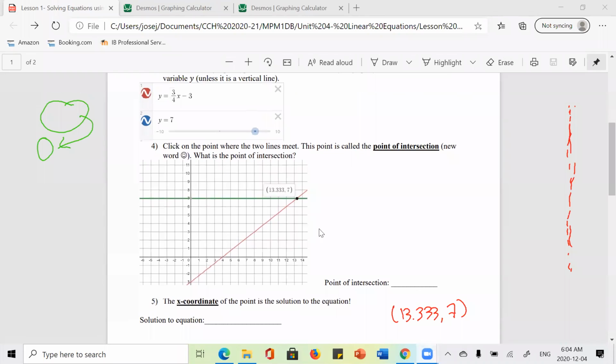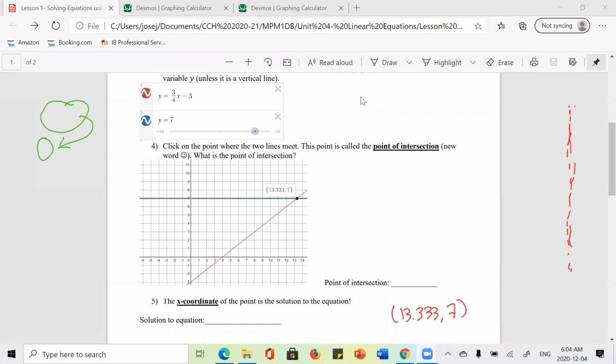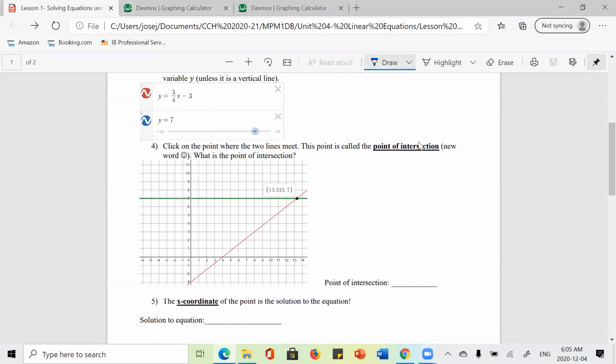Oops, for some reason it's not keeping it on there. Sorry, my apologies. Let me just fix that up. It's probably going to be easier if I use this one here. So it's going to be 13.333 and 7. And of course, the solution to the equation is the x coordinate. So that means that my solution would be x is equal to 13.333. And this would be the solution to the equation.